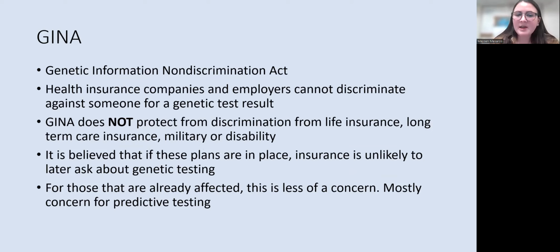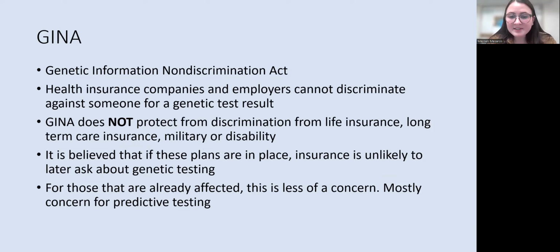Something that's important to think about really for predictive testing, but all genetic testing, is something called GINA, which stands for the Genetic Information Non-Discrimination Act. That is an act that's in place that says health insurance companies and employers cannot discriminate against someone for a genetic test result. However, GINA does not protect people from discrimination from life insurance, long-term care insurance, military, or disability.